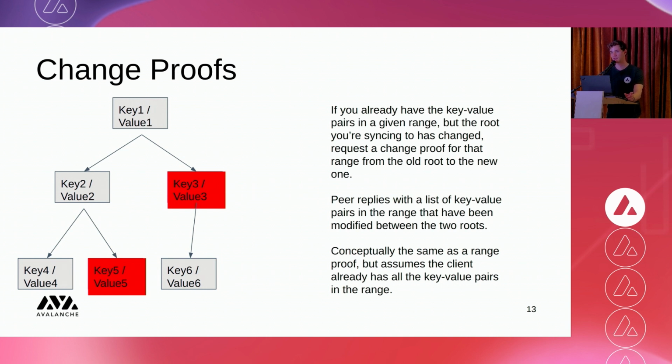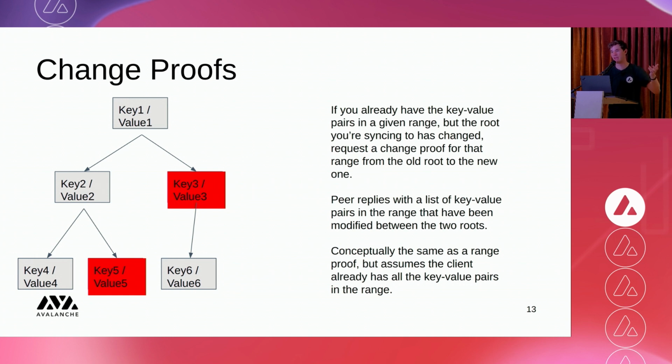And essentially the way that it works is that I say to you, I knew all of the key value pairs between, let's say, 0 and 16 when the root hash was this. And now I've learned that the root hash has changed because the database has changed. So I'd like you to tell me what's different in that range between those two root hashes, right?